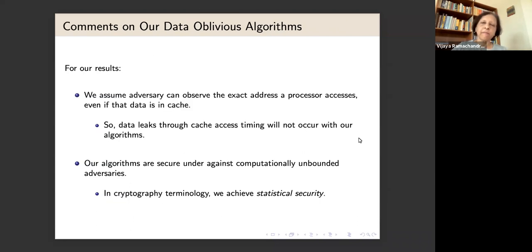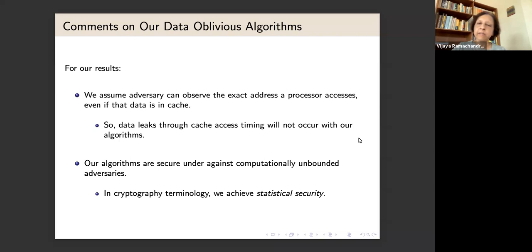There are various versions of data oblivious algorithms, and we make some pretty strong assumptions. For example, we will be looking at cache efficiency, but we are secure against data leaks through cache access timing. So our data obliviousness extends to computations in the cache.